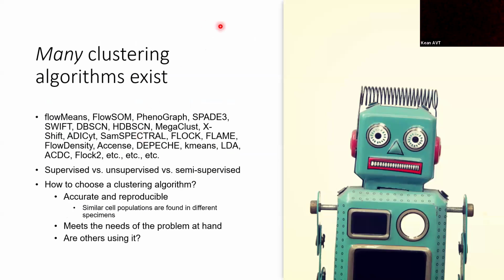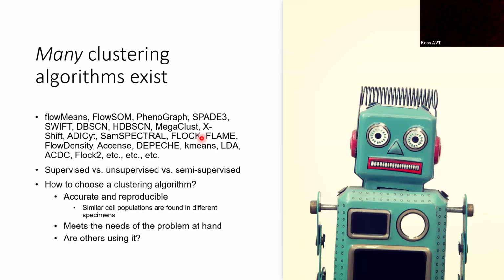Okay, so there are very many clustering algorithms already out there. So this list here, you may think, oh, is that an 80s rock band list? No, this is just all the different clustering algorithms that have been published, and there are probably even more than this. Some of these clustering algorithms use different approaches.